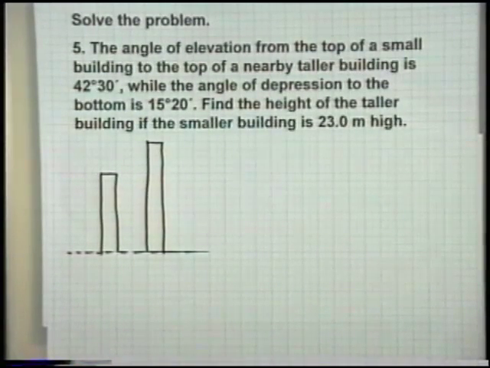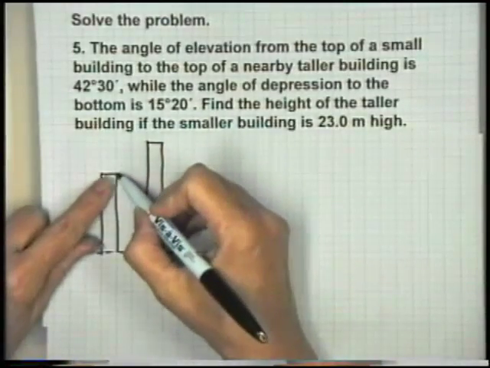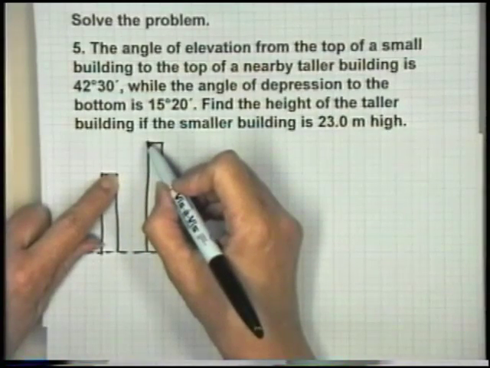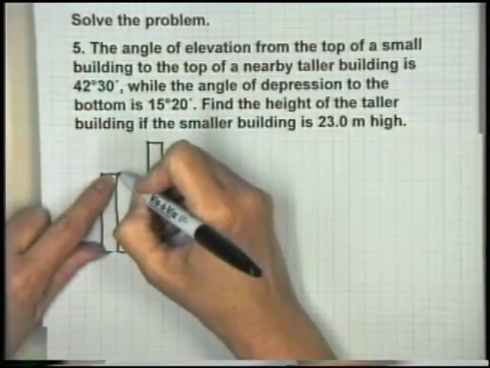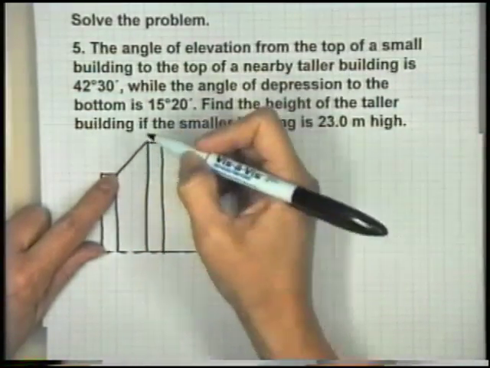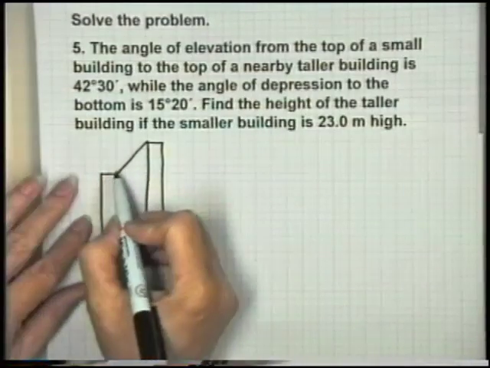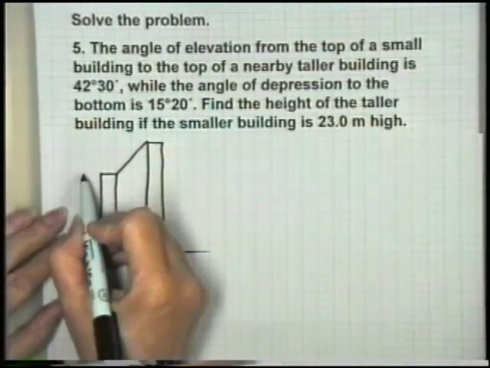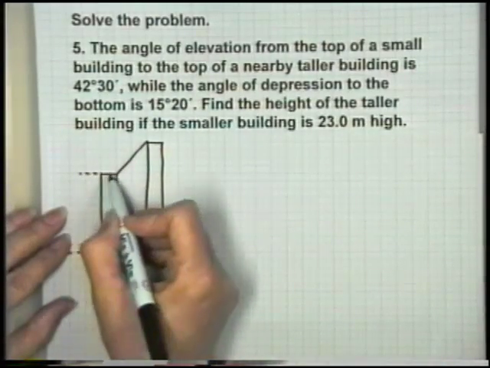And now let's figure out where this angle of elevation is. The angle of elevation from the top of the small building to the top of the nearby taller building is 42 degrees 30 minutes. Well, let's draw the line that connects those 2 points. And remember that angle of elevation is the angle between this line and the horizontal.